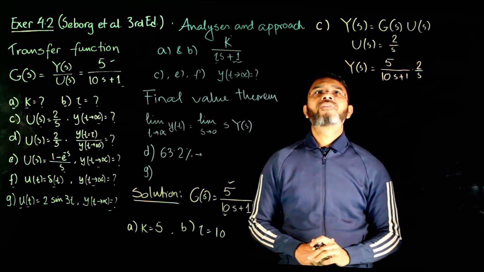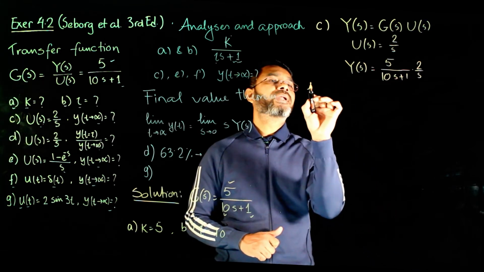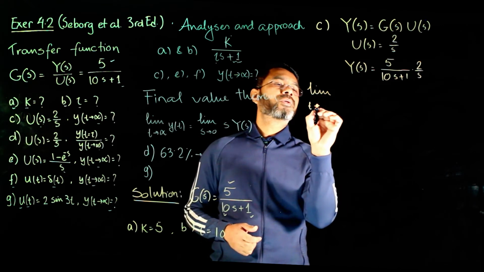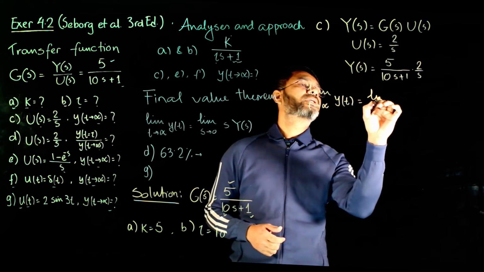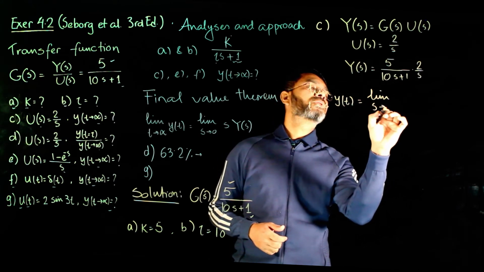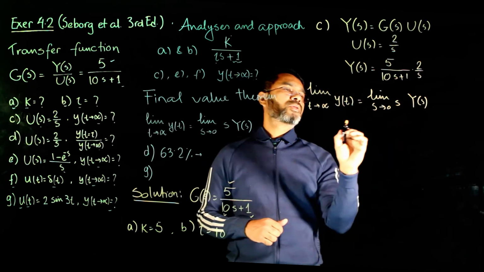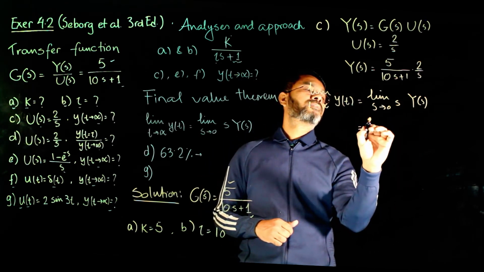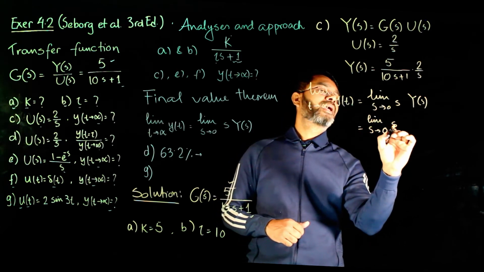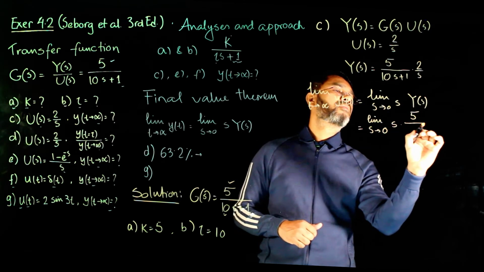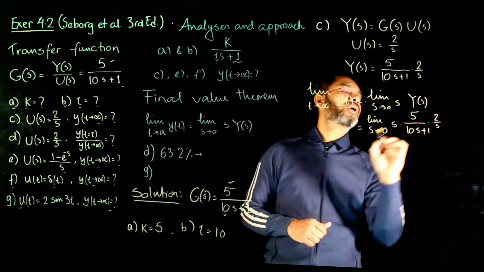Now we need to use the final value theorem to find the value at y(t) equals infinity. We know that the limit as t goes to infinity of y(t) equals the limit as s goes to 0 of s Y(s). So we have s times 5 over 10s plus 1 times 2 over s.